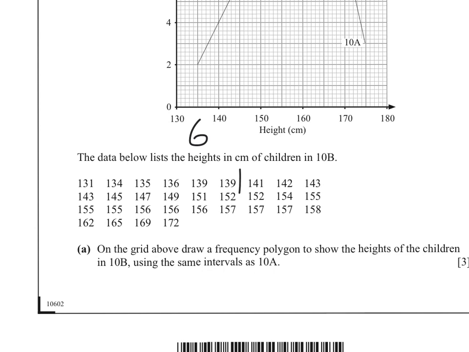Next, from 140 to 150, we have 1, 2, 3, 4, 5, 6, 7. 150 to 160, 14. 160 to 170, we have 3, and 170 to 180, we have 1.